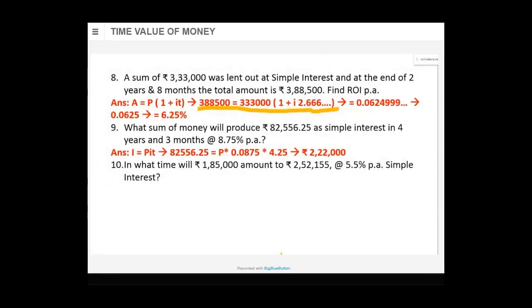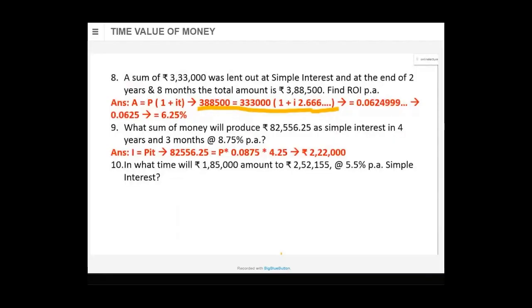Yes, multiplied by 12. What? 0.6. 0.6 multiplied by 12 comes to 7.2 months. 7.2 months.